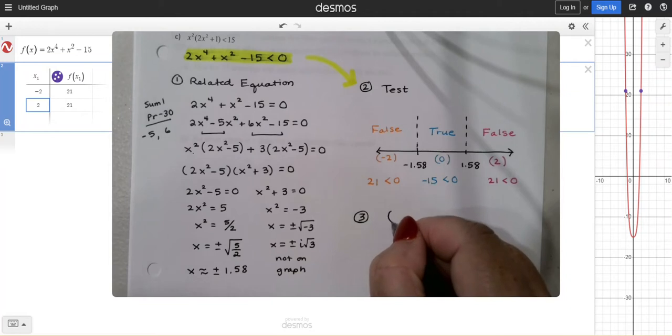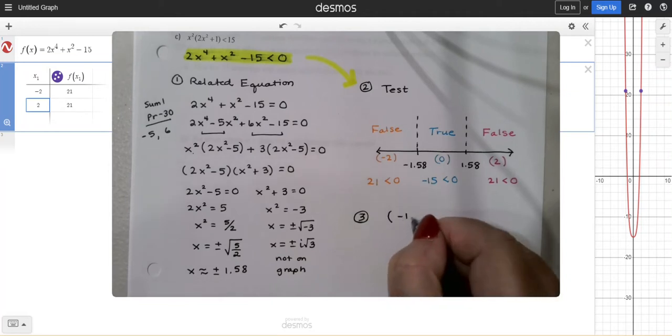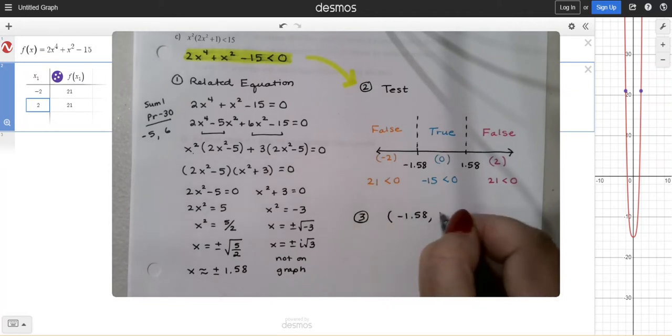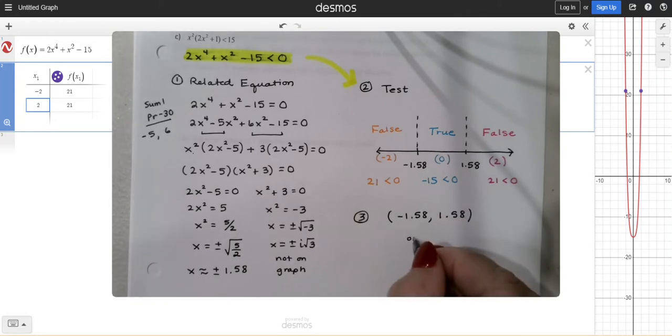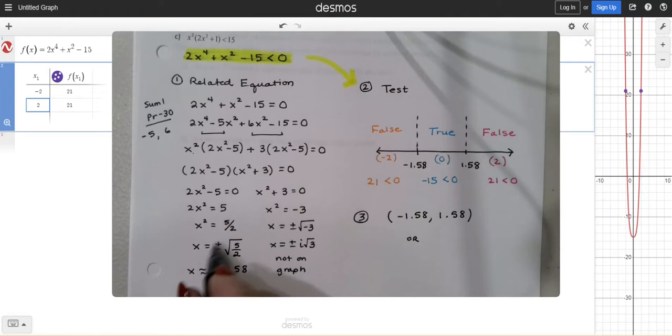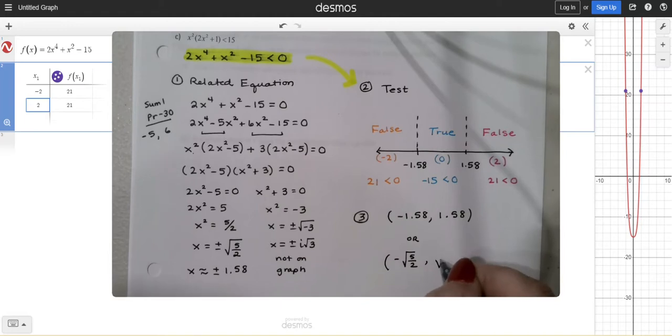Just less than, so I'm using parentheses, from negative 1.58 to positive 1.58. Or if I want exact values, from negative square root of 5/2 to positive square root of 5/2.